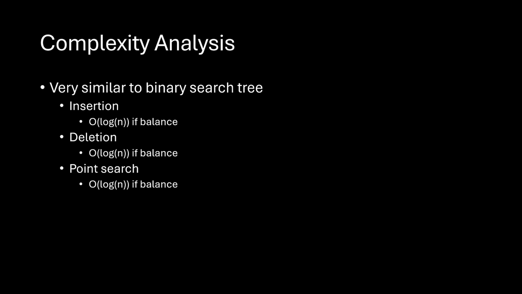The next topic we will discuss is complexity analysis. For the KD tree, for some operations, like insert, deletion, and point search, they are very similar to a binary search tree, which will have a big O of log n if the tree is balanced.